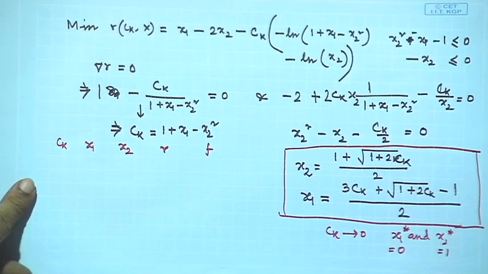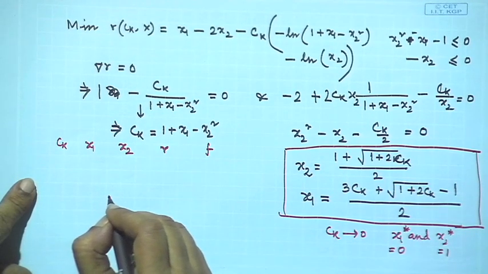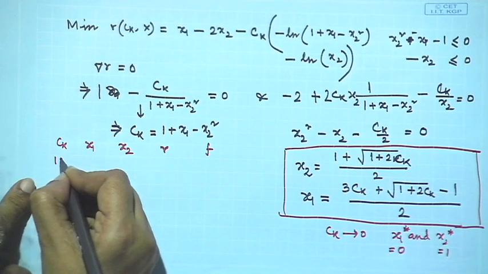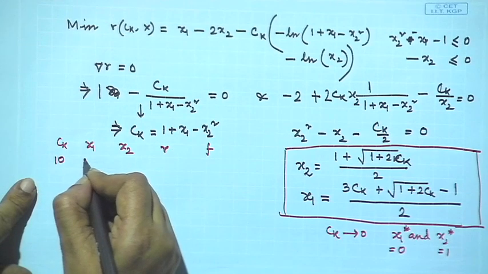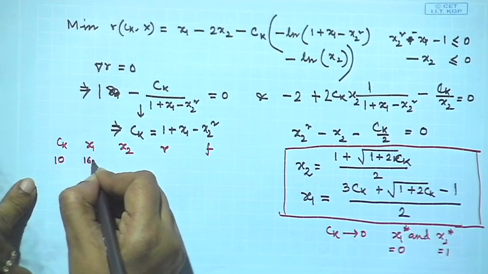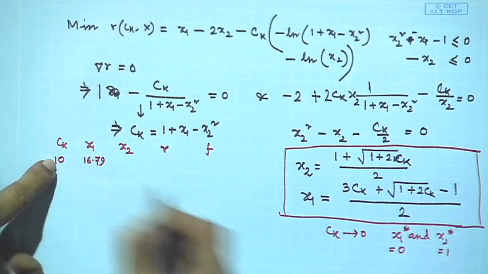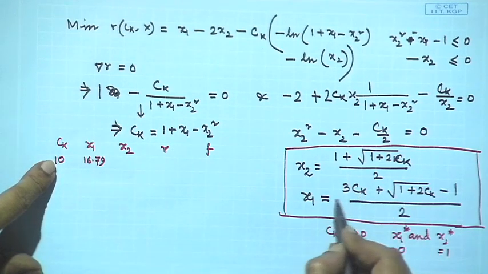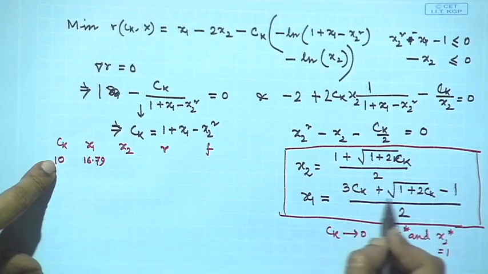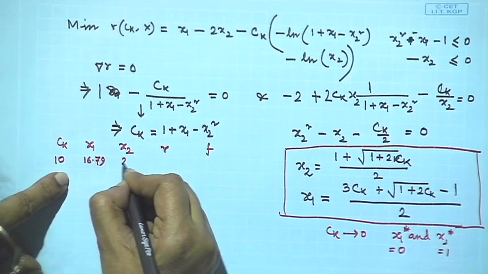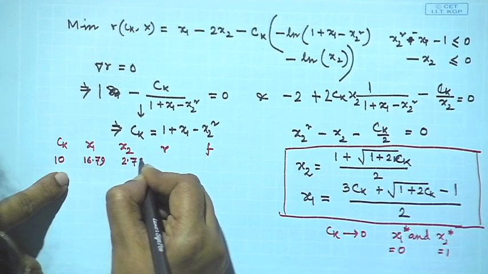Instead of that, if you consider different values of x1, x2 and c starting from 10, we will see the value for x1 would be 16.79. If we substitute the value for c k here, you get the value for x1, and for x2 you get 2.79.